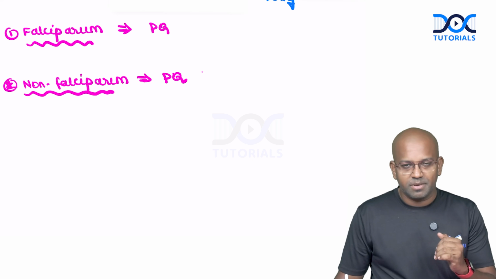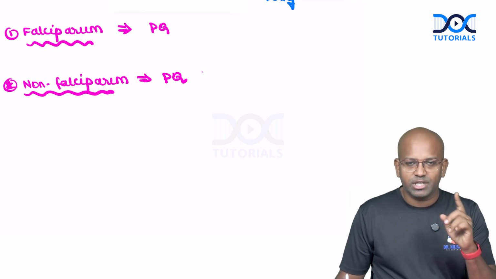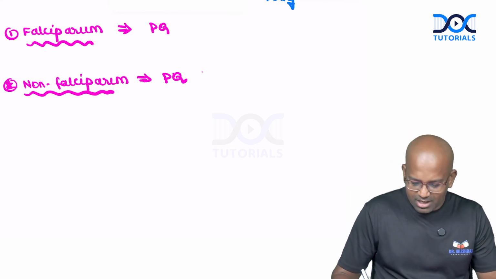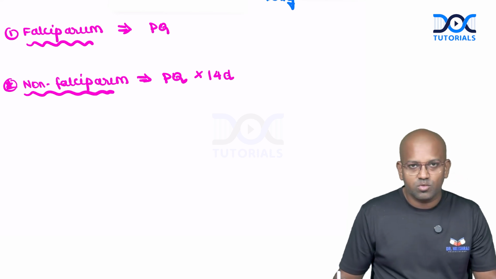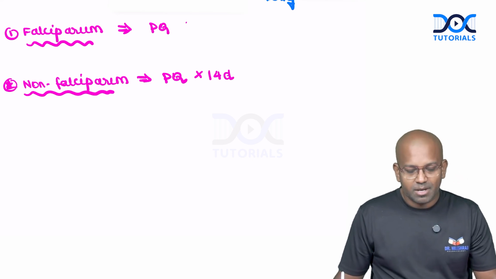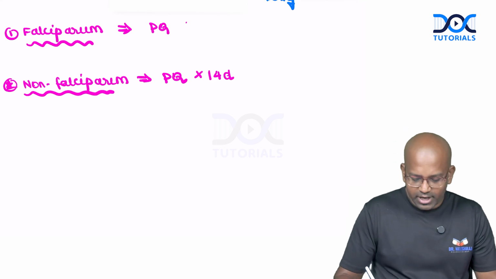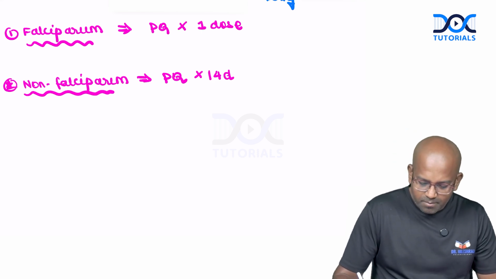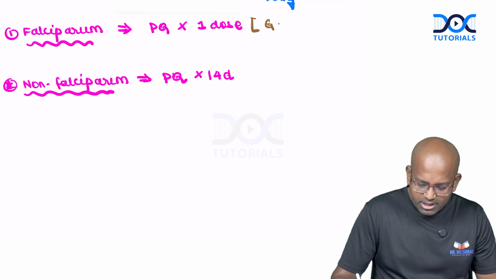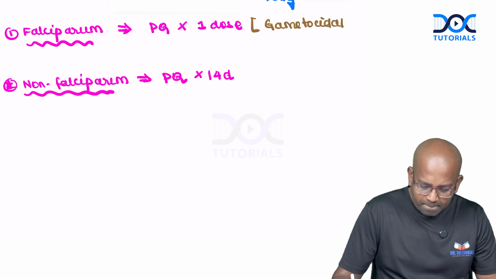Because for non-Falciparum malaria, I have to kill both the Hypnozoites and the Gametocytes. So I have to give it for 14 days as a daily dose. Whereas for Falciparum malaria, there is no need to administer it for 14 days. Just give one single dose. That would be enough.